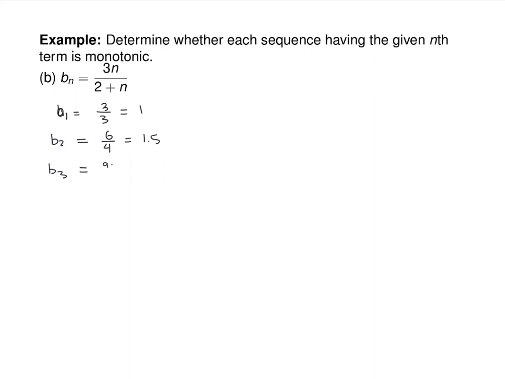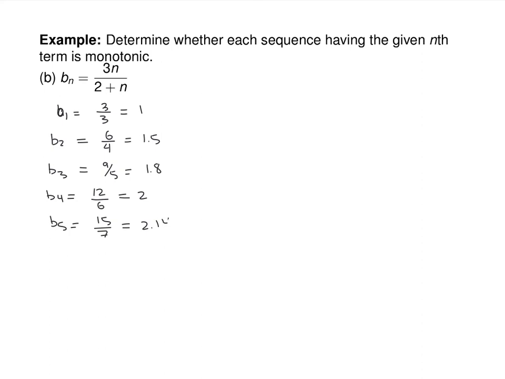B3 will be 9 fifths, which is 1.8. B4 will equal 12 over 6, which is 2. And B5 will be 15 over 7, which is approximately 2.14. So at least from this pattern, it appears to be the case that my terms are actually increasing.